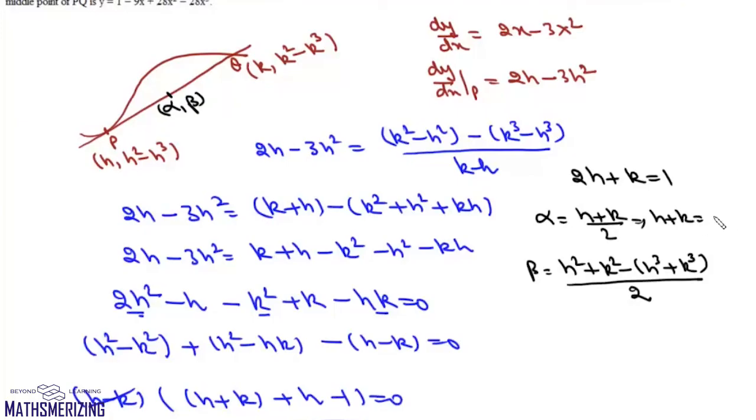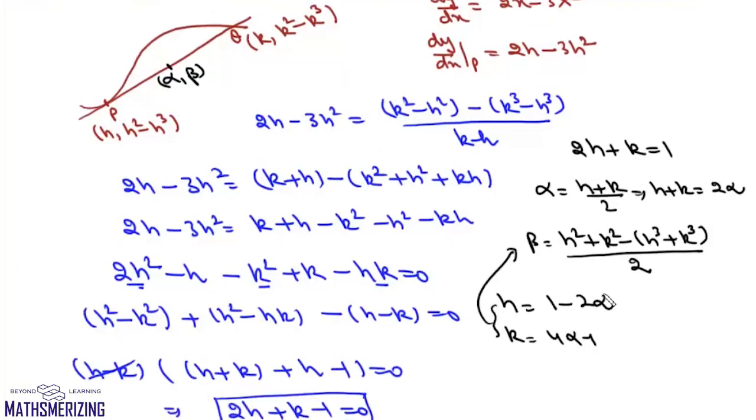Now from this we can write h plus k equals 2 alpha. Now we can solve for the values of h and k. Now h in this case will be 1 minus 2 alpha, and if we put h as 1 minus 2 alpha, we'll get k as 4 alpha minus 1. Now we'll put the values of h and k in this equation to find this locus.